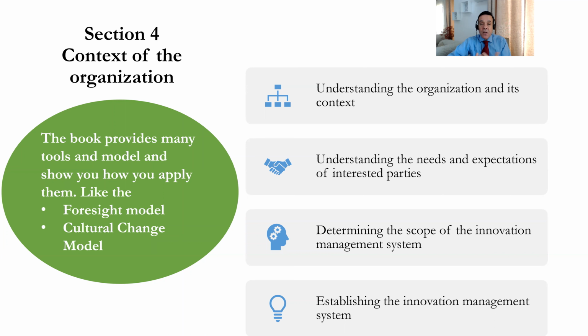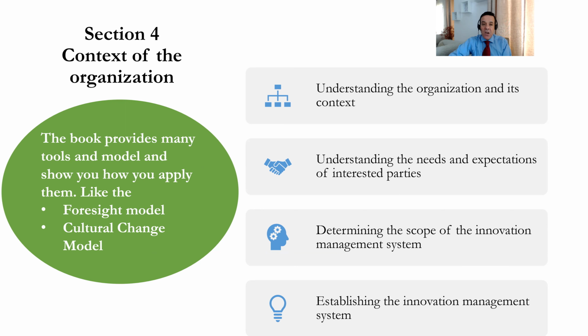So in the book, we provide you with many, many tools. We did a lit review of what tools and what models are being used when people engage in the analysis of the context of the organization. And we picked a few.